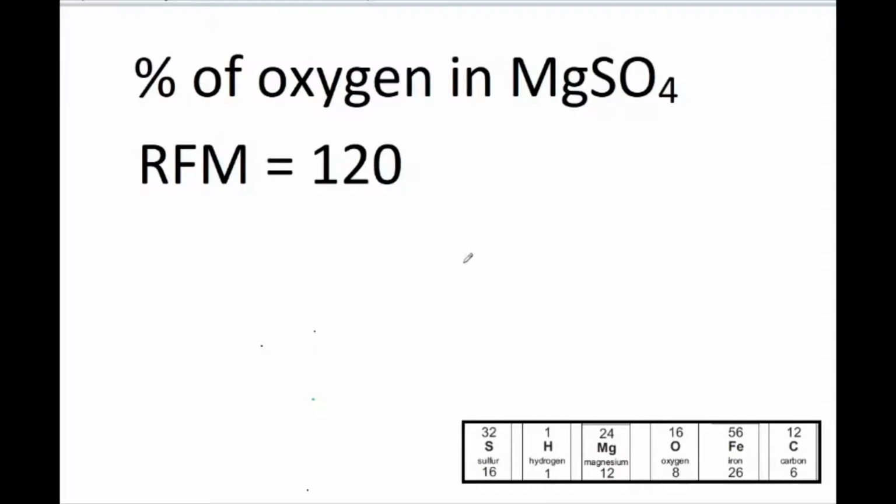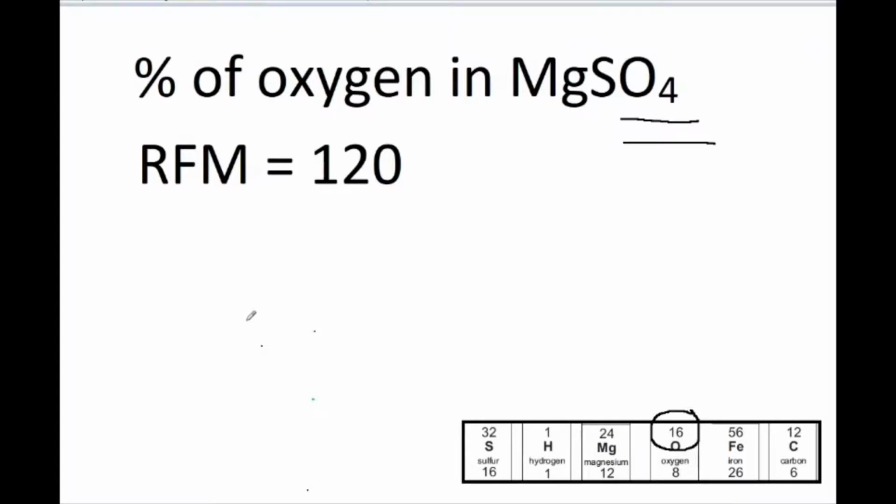Our second example is magnesium sulfate. This question wants us to work out the percentage of oxygen in MgSO4. Now I've already worked out the relative formula mass, RFM, to be 120. Now we've got 4 oxygen atoms and we need to account for all 4 of them. 1 oxygen atom, as you can see down here, has a mass of 16.